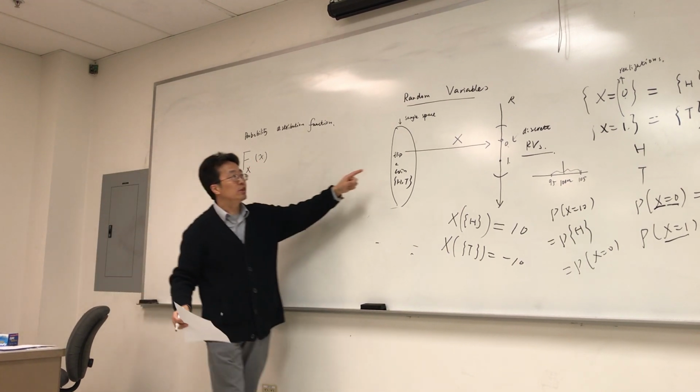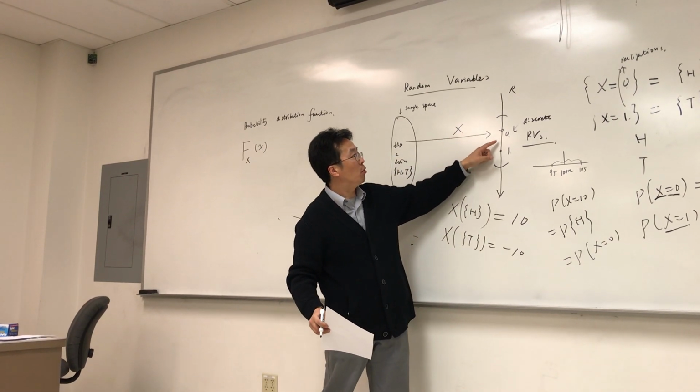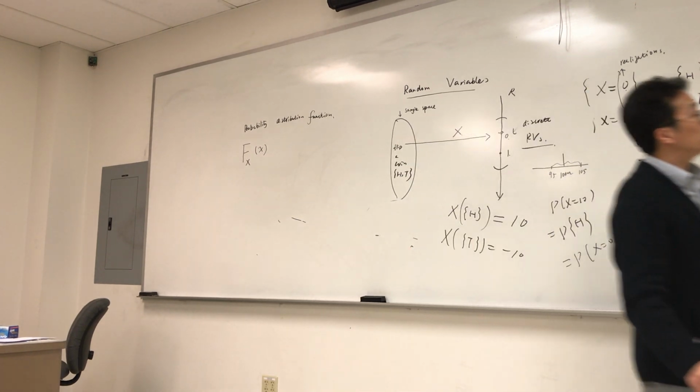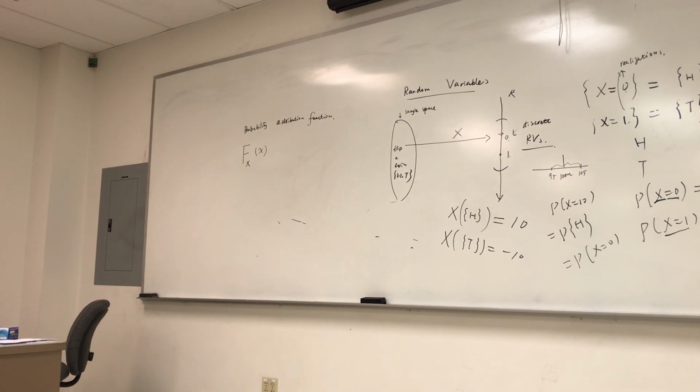Just like here, this is a random variable, uppercase, right? And the realizations are 0 and 1. And here, this is a random variable, and the specific realization could be anywhere inside the interval between 0 and 1.